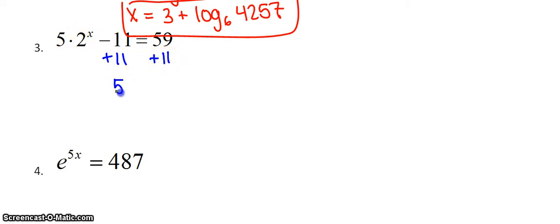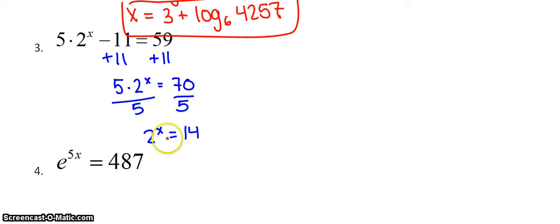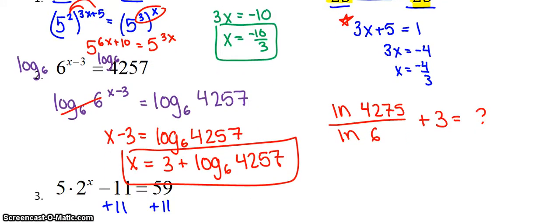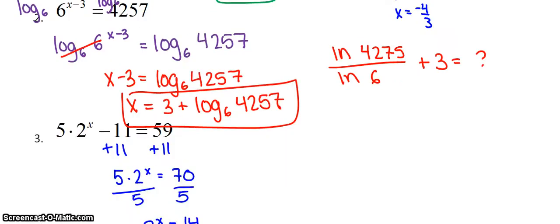So in this problem, I might have 5 times 2 to the x equals 70, and then you divide by 5 and get 2 to the x equals 14, which then you'll have to decide, can I write this with a common base, or do I have to take the log of both sides? Okay, does 2 to any power equal 14? I don't know, so you're probably going to have to take a log because this answer is not going to be a whole number. So other things might come up, but the two methods that you've learned are to write with a common base or to take the log or inverse operation of both sides.